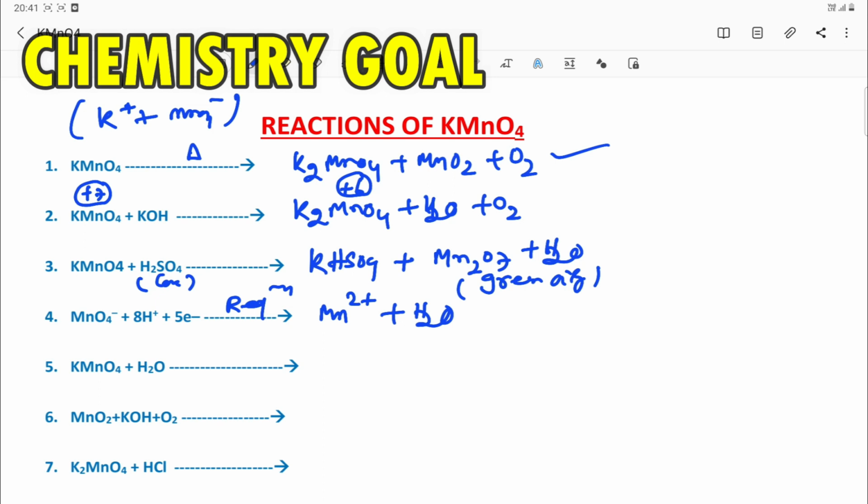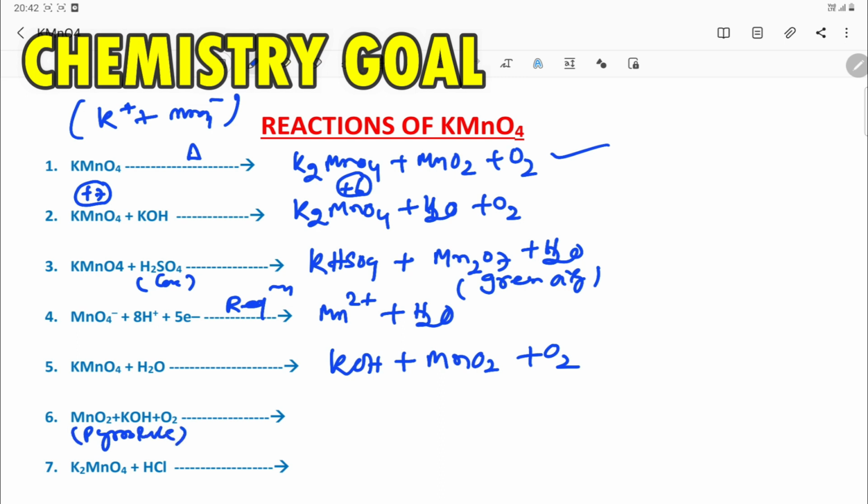Now potassium permanganate reacts with water and converts to potassium hydroxide, manganese dioxide and oxygen. This is the reaction of potassium permanganate in water. When it gets hydrolyzed in water, it produces potassium hydroxide, manganese dioxide and oxygen. Manganese dioxide is also called pyrolusite.